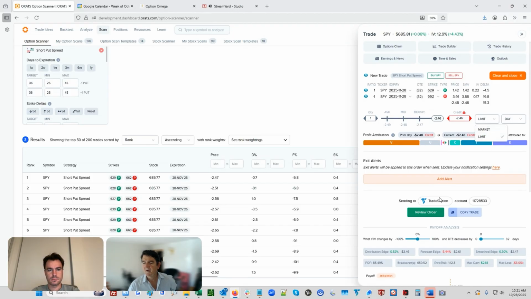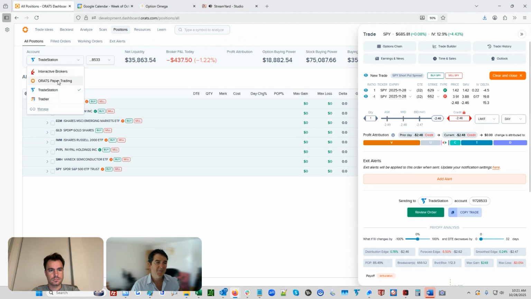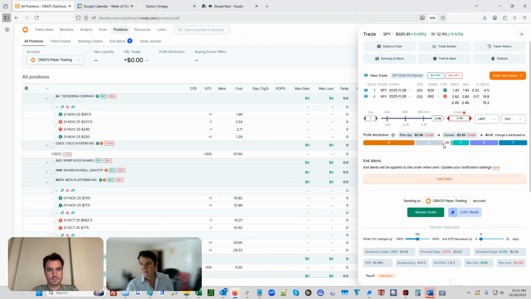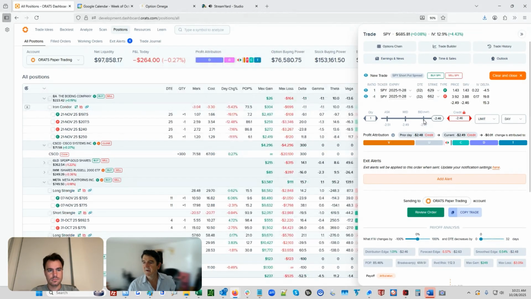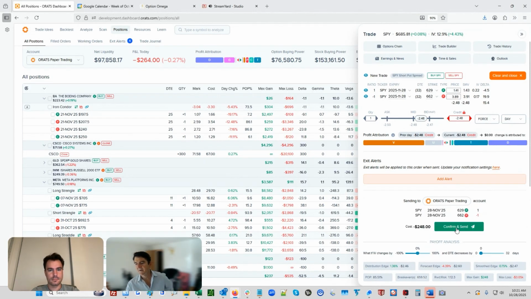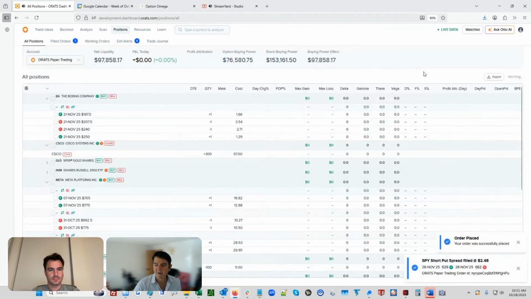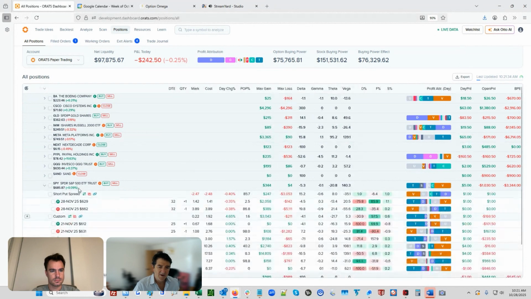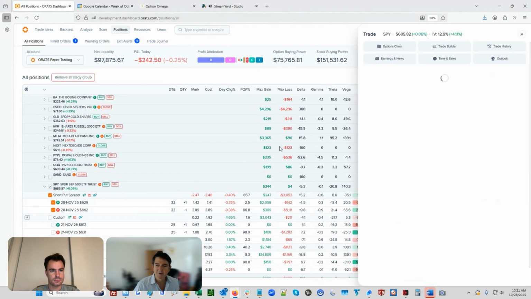I don't want to do it in my real account. I want to go to positions and get into my paper trading account, not Interactive, not Trade Here, but my paper trading account. And then I'll do it at 248, and we'll force that and put that on, Tyler. Since the backtest has a 50% stop loss, I could be alerted to that stop loss, and I'll put that in there right now.